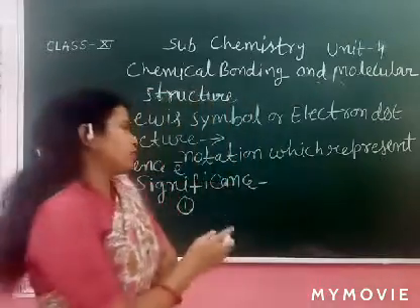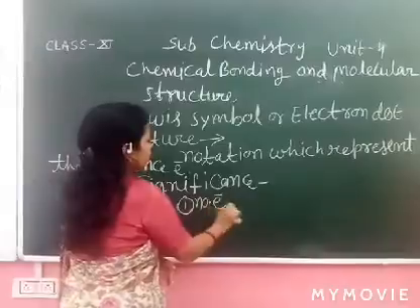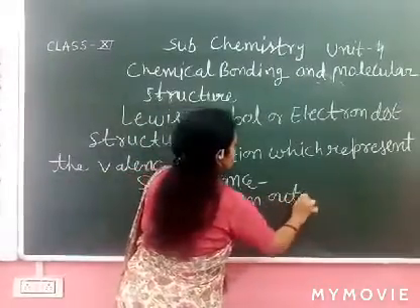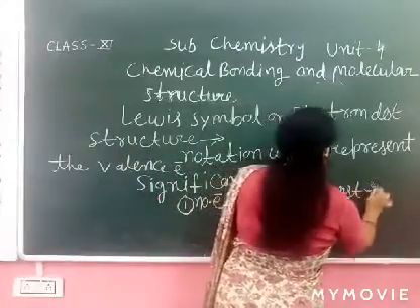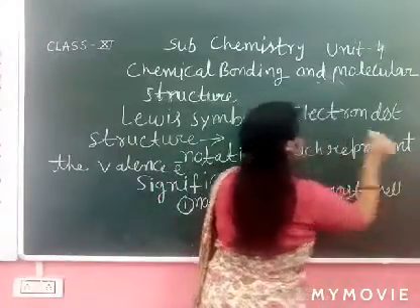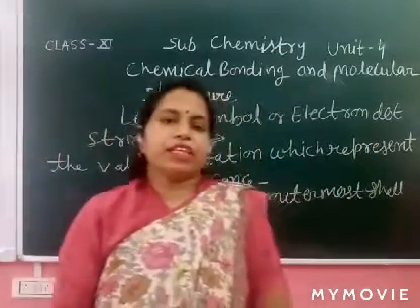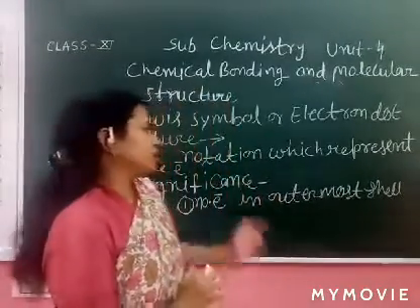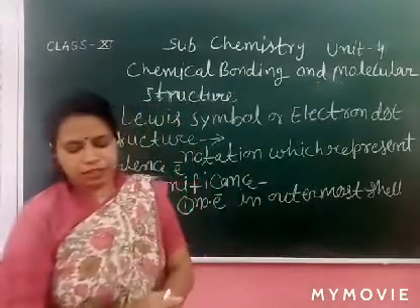How many electrons are present? The number of electrons in the outermost shell is represented by the Lewis symbol. So the Lewis symbol indicates the number of valence electrons.